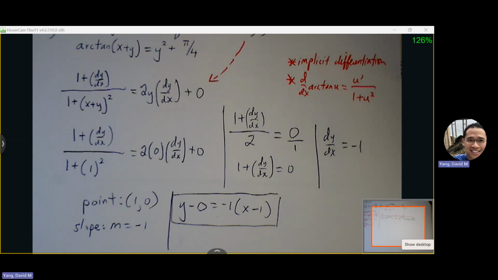Okay, next page. Let's go to page 6. Let's do a full curve sketch problem.